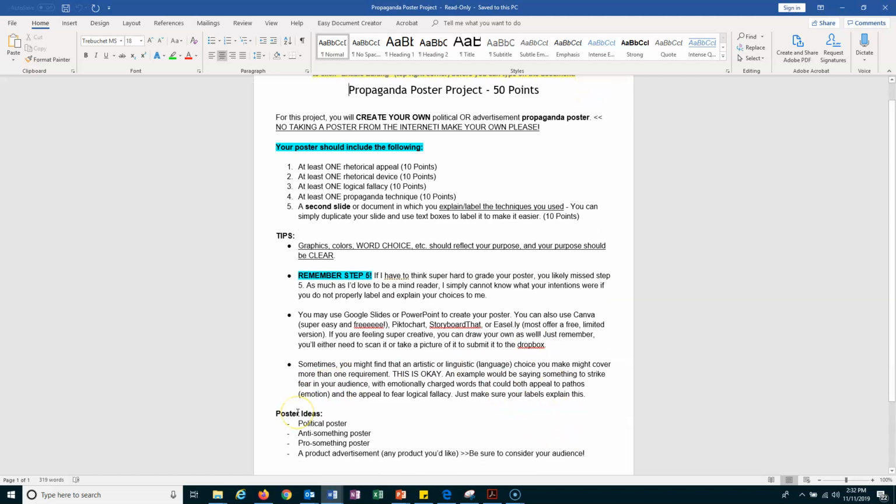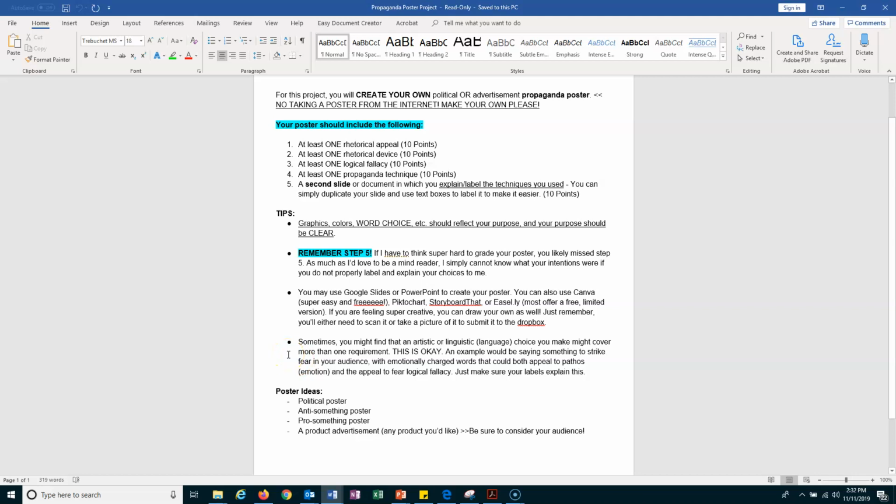The last thing I really want to emphasize to you, and that's kind of a good thing for you, is that when you go to create this, you may realize that you have one piece of verbiage or one picture that represents maybe 2 or 3 different requirements. So for example, if I'm trying to strike fear in my audience, I would maybe use emotionally charged words.